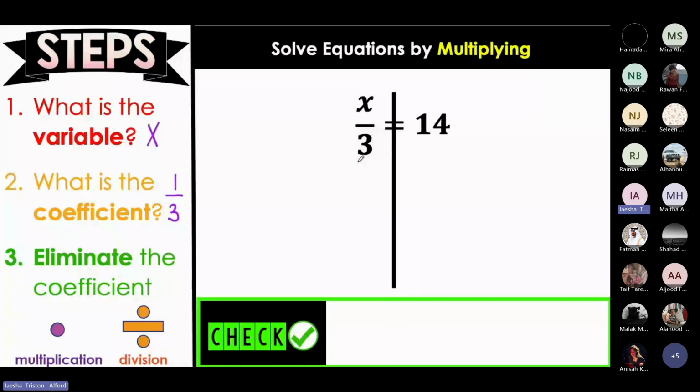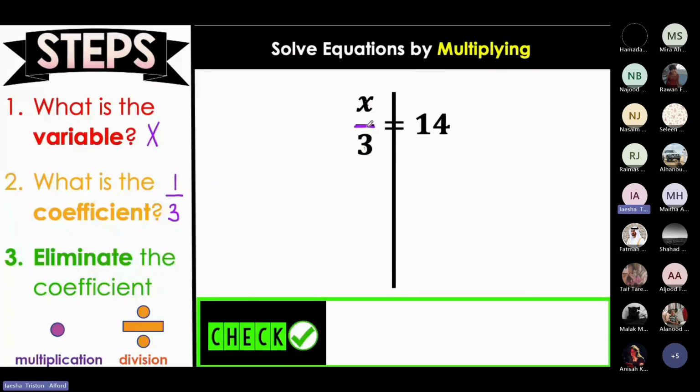Can you read this one? It's X over 3. Another word, not over: divided by. This is X divided by positive 3. I'll read it again. It is X divided by positive 3.